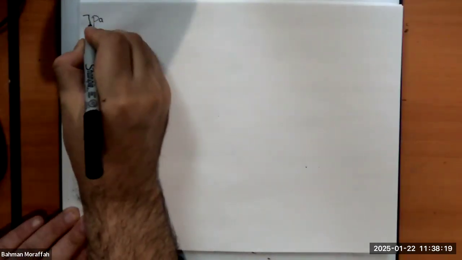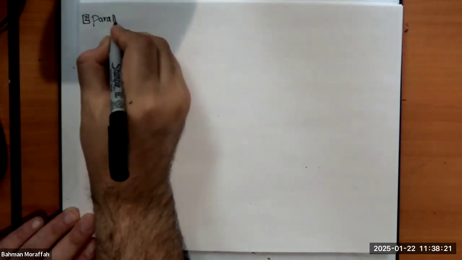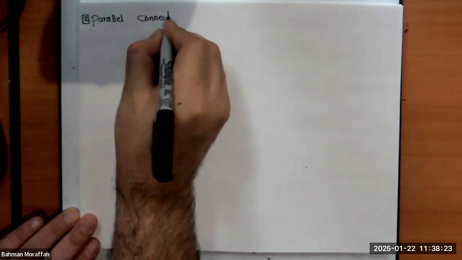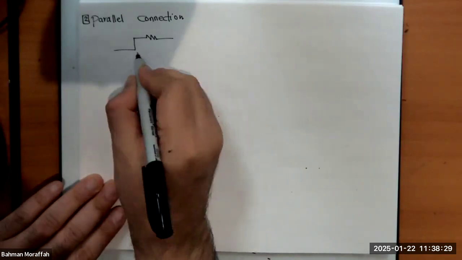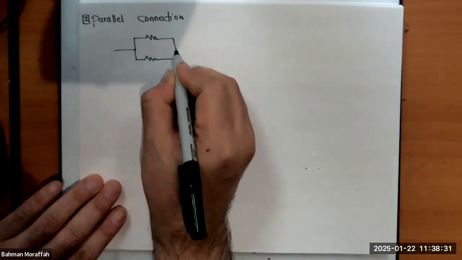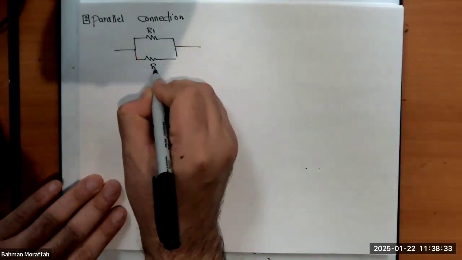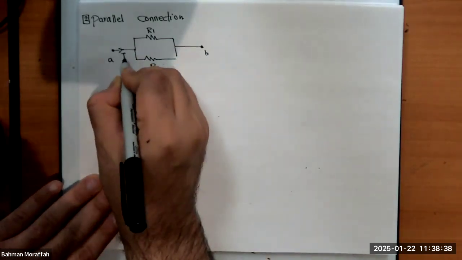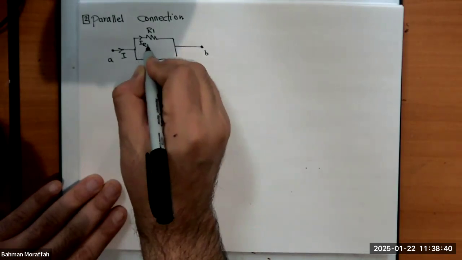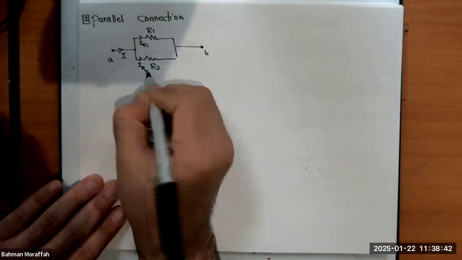Let's move on to another connection, which is parallel connection. What would we say about two resistors? Let me just call them R1 and R2. Let's call this point A, point B. This is I. This is I of R1. This is I of R2.